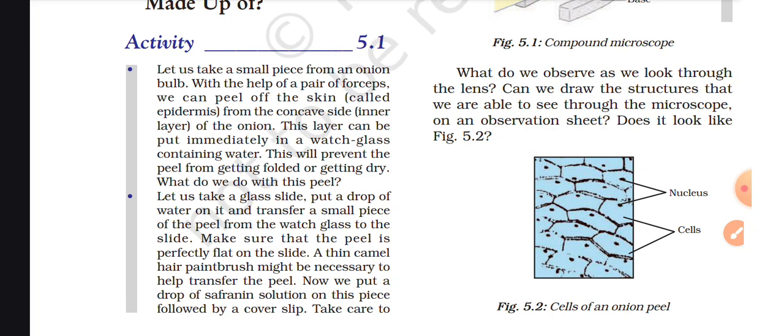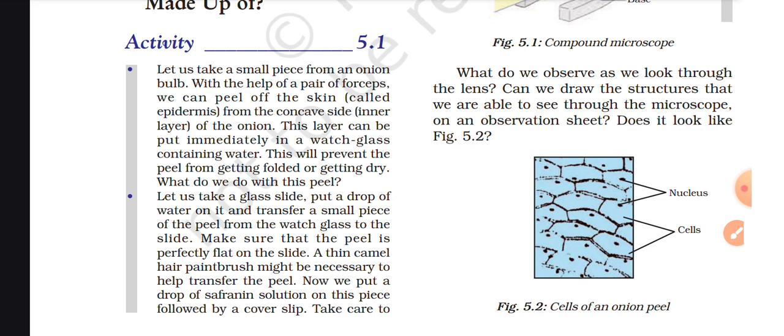With the help of a pair of forceps, we can peel off the skin called epidermis from the concave side, the inner layer of the onion. This layer can be put immediately in a watch glass containing water. This will prevent the peel from getting folded or getting dry.